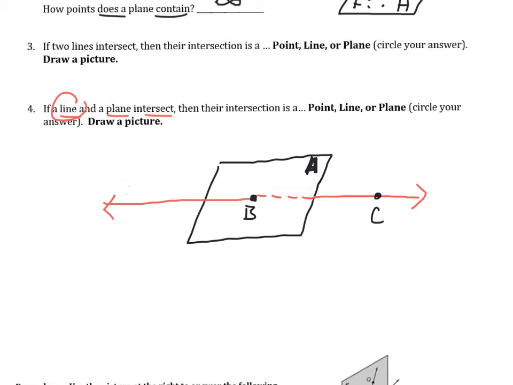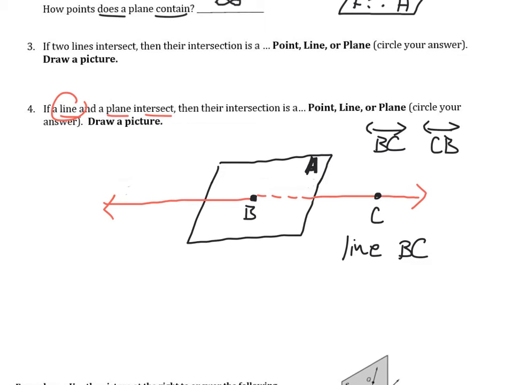Okay. Now the other thing I want to mention is sometimes you'll see lines named a different way. So as I said, we could call this BC. I could call this obviously CB. I could use the word line if I want to name it like that.